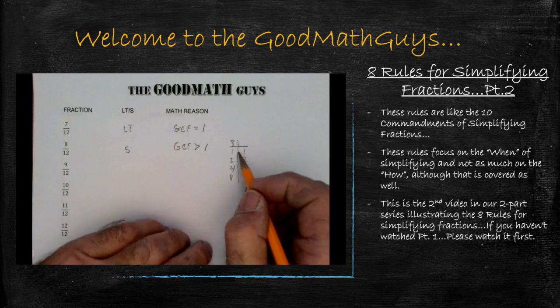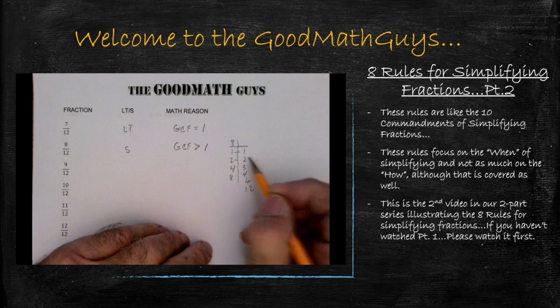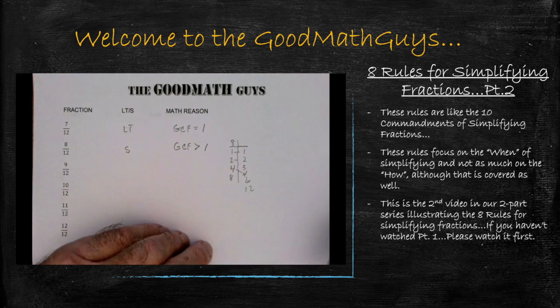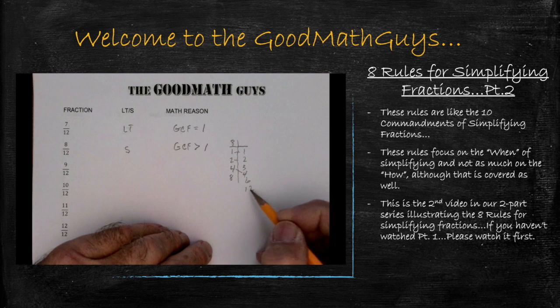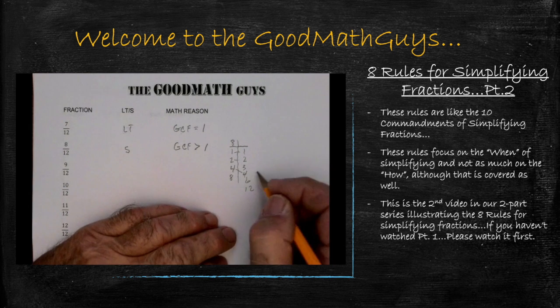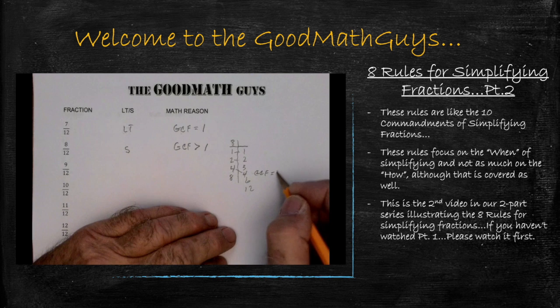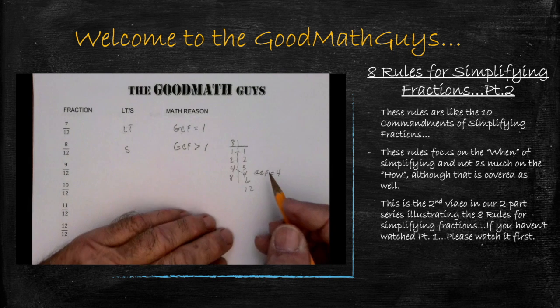And if we match common factors, 1 match, 2's match, 4's match, and that's it. 3's don't, 8's don't, 6's don't, 12 doesn't. We're going to say here that the GCF is equal to 4, which is certainly greater than 1.